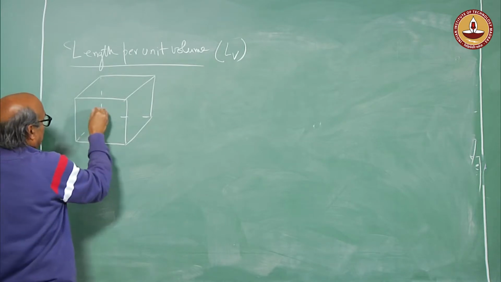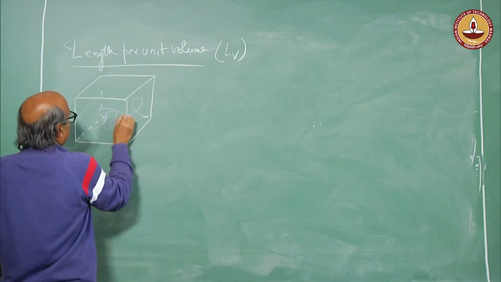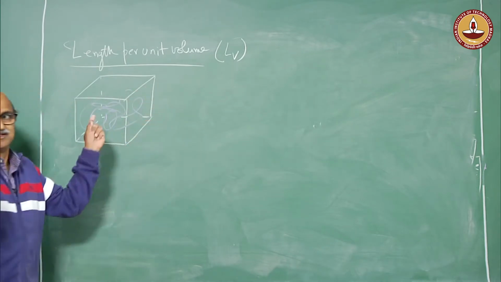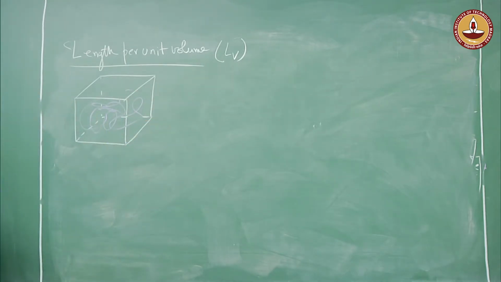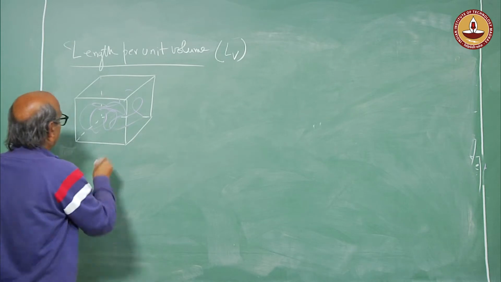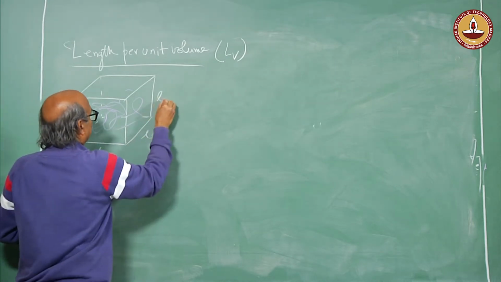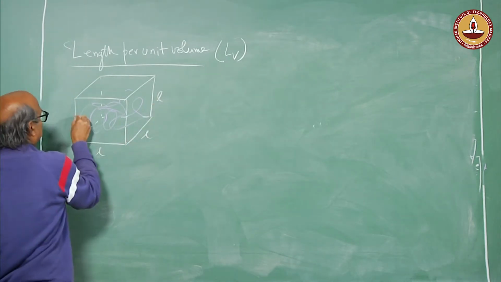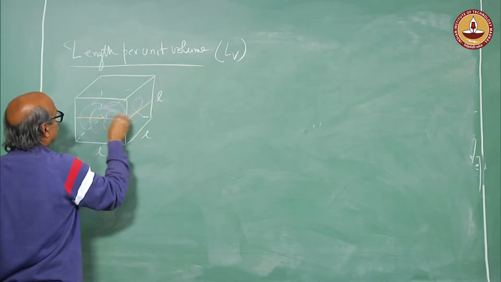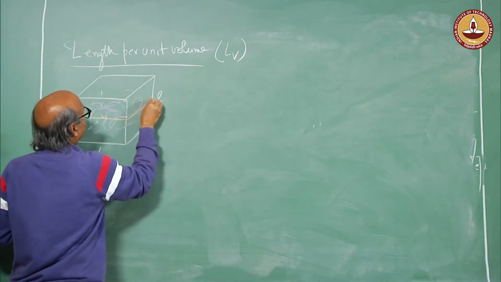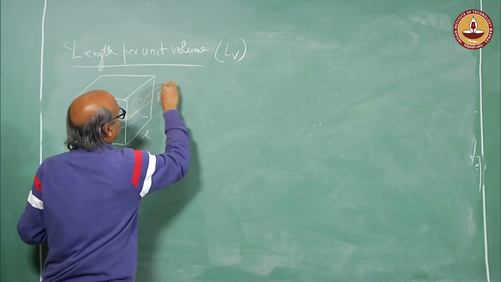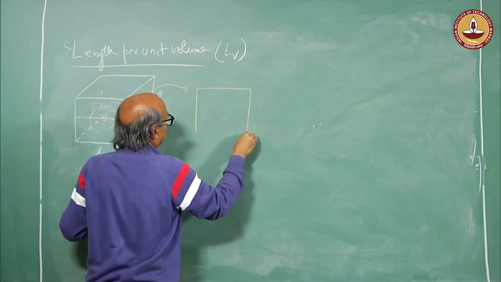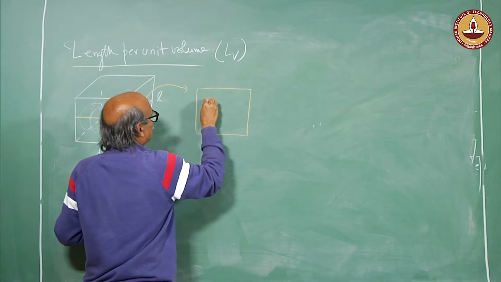So, I have a structure full of linear elements inside my 3-dimensional structure, all randomly oriented. If I take a section through this, then on this section I should be able to see points.